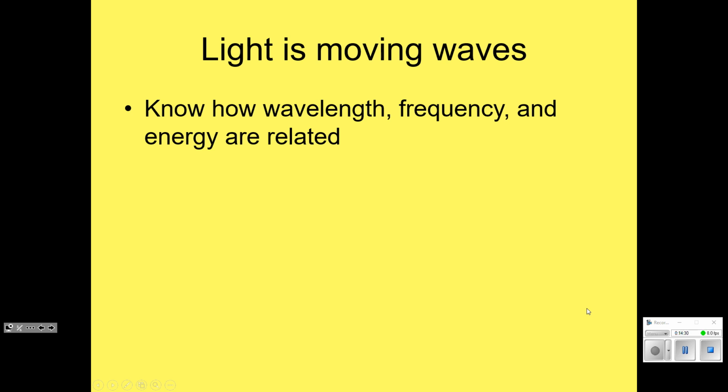What I want to cover right now is the relationship between three factors of light: wavelength, frequency, and energy.